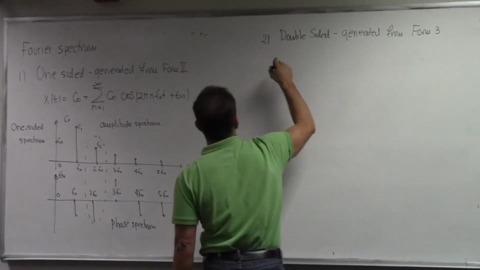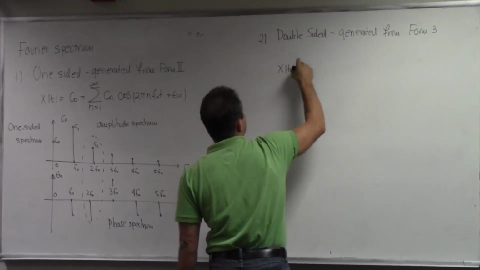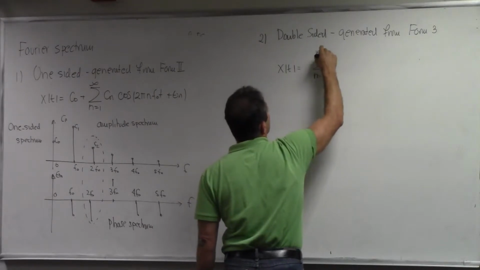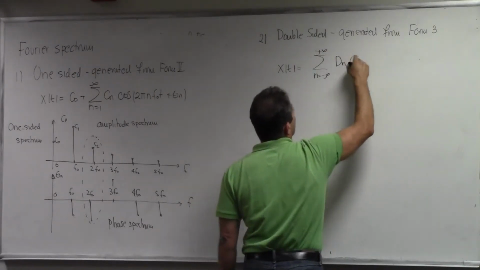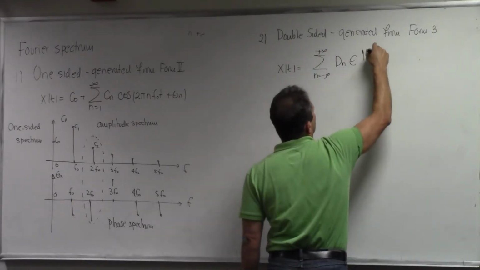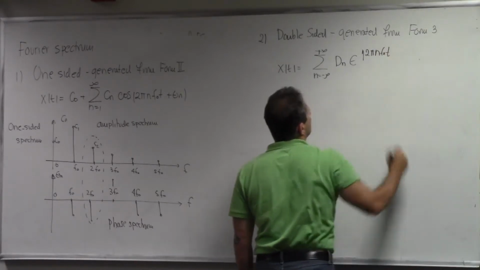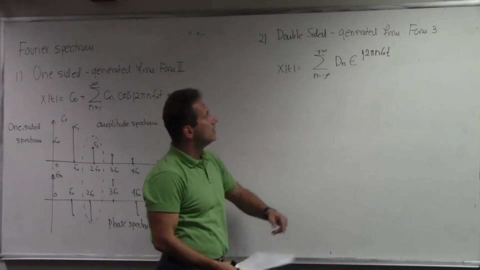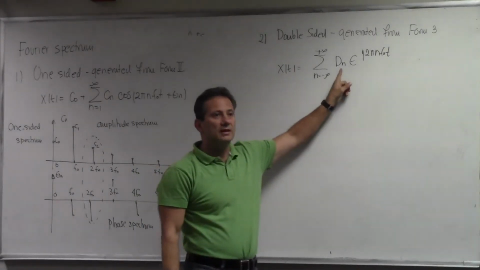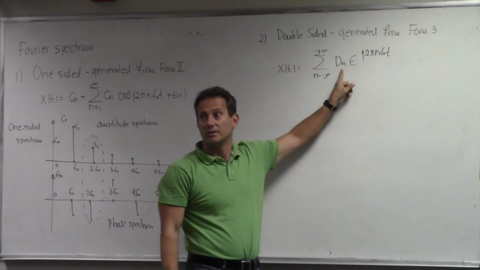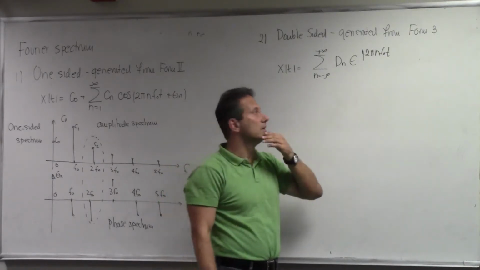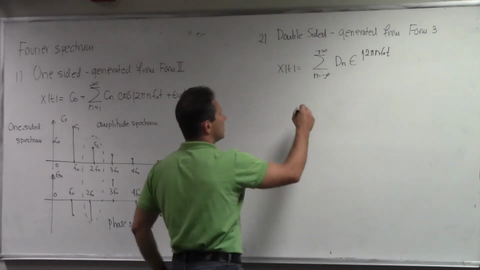In this form, you have your x of t given as the sum, when n goes from minus infinity to plus infinity, of dn e to the j 2 pi n f0 t. So that's the general form. Now, what we remember is that this dn is a complex number. It came out as an evaluation of the complex integral. Therefore, in the general case, it is a complex number.